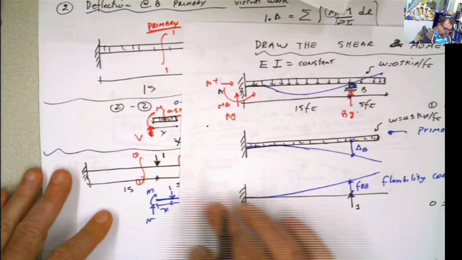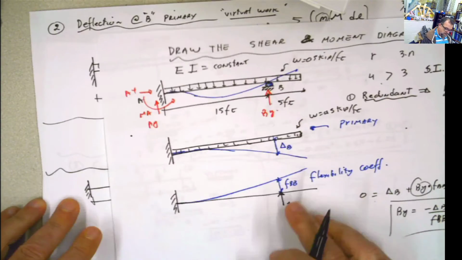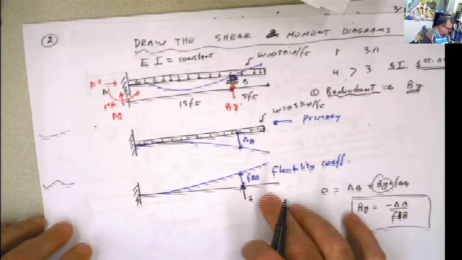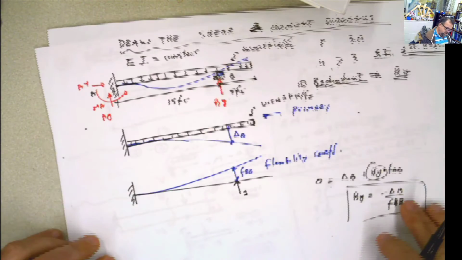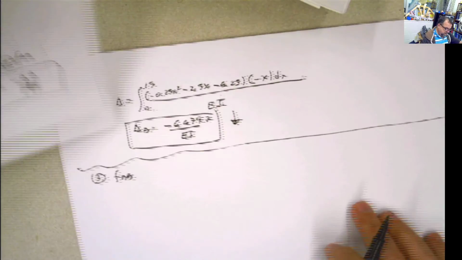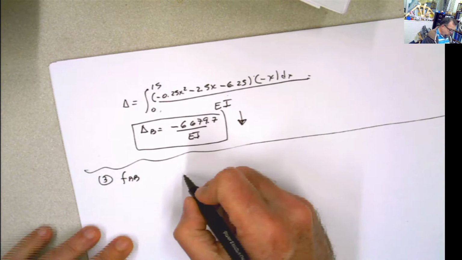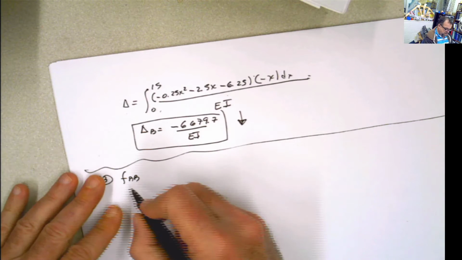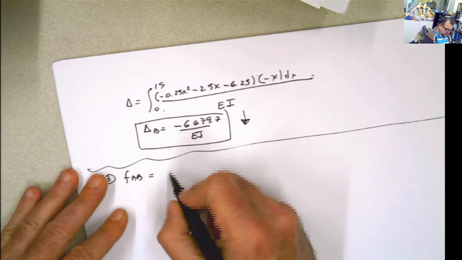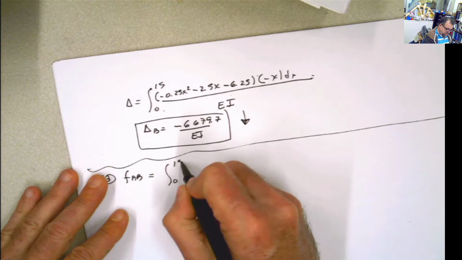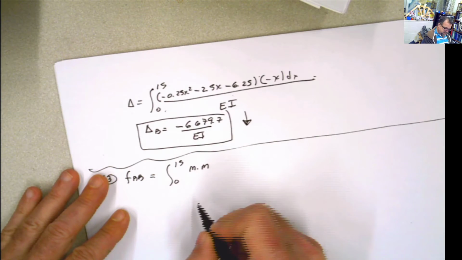So my moment here is going to be x, no matter what, if I put my equation like that. So for this step, I already have it, and I can do the same thing. The virtual work: 1 times FBB equals the integral from 0 to 15 of m times m, which is the same.